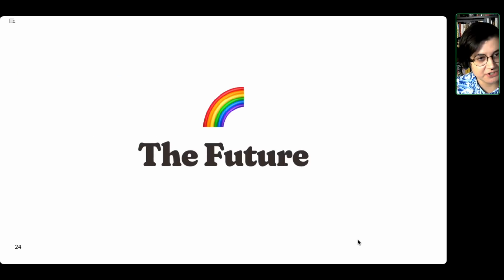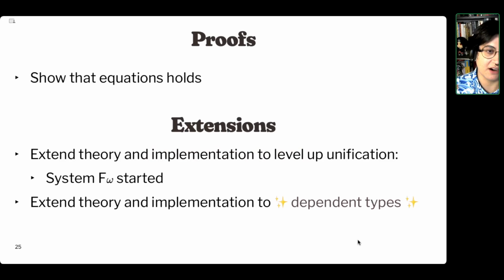So in the future, we are working on, as I said before, showing the equations for each theory hold. We also have started extending this for System F omega, and finally we want to extend this for dependent types.